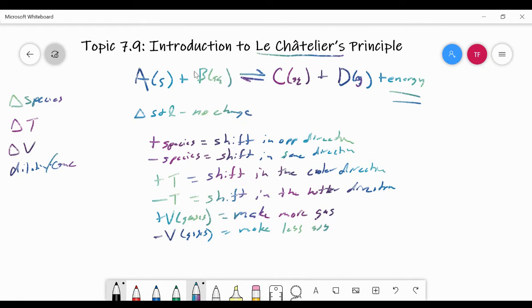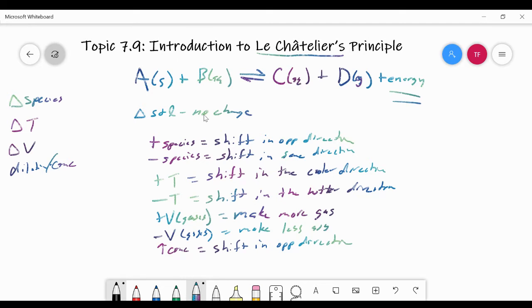If I concentrated the B, I had more B, so increase the concentration, then it's going to shift to get rid of that reactant. So it's going to shift in the opposite direction. So if I increase the concentration of B, it's going to try to get rid of that B that you added. So it's going to shift to the right. If I increase the concentration of C, then it's going to try to get rid of that C that you added and shift to the left.